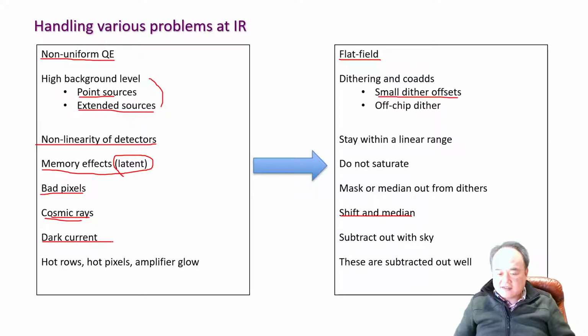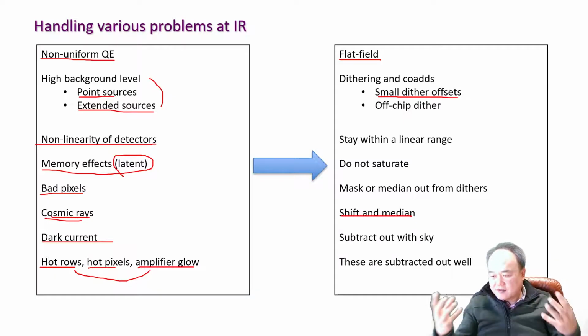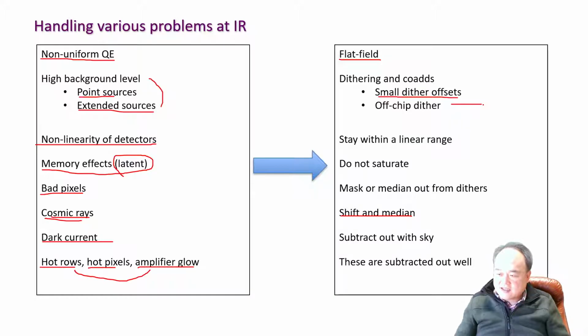The dark current is usually taken out very well with dedicated sky observation. Hot rows, hot pixels, amplifier glow and whatnot, all these detector fixed pattern noises are nicely subtracted out from either the observation or the successive dedicated sky observation.